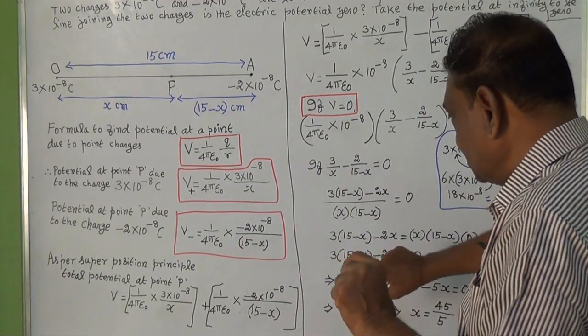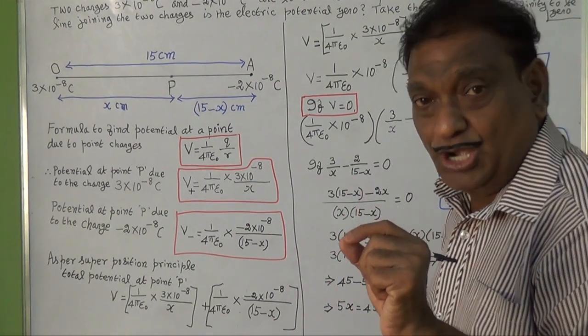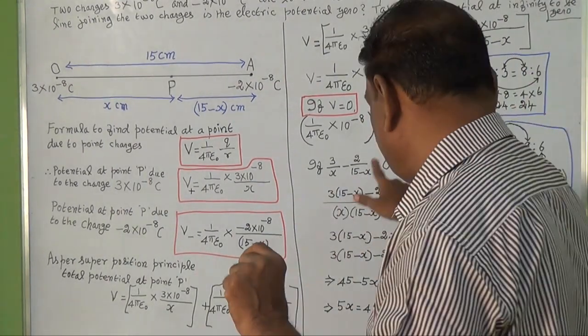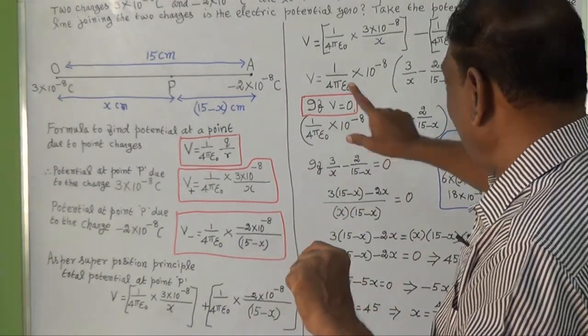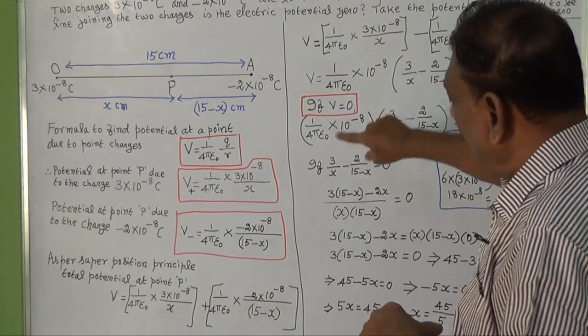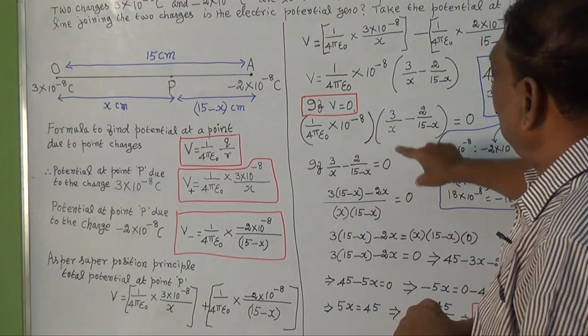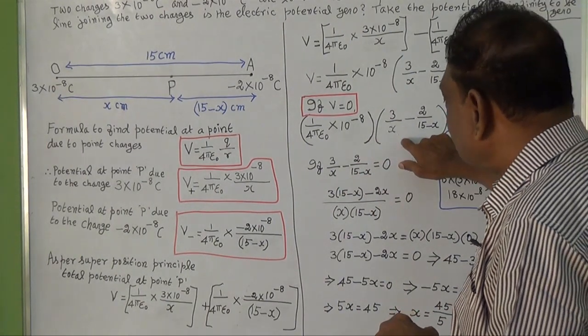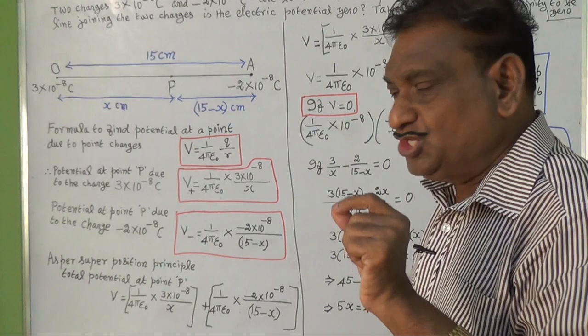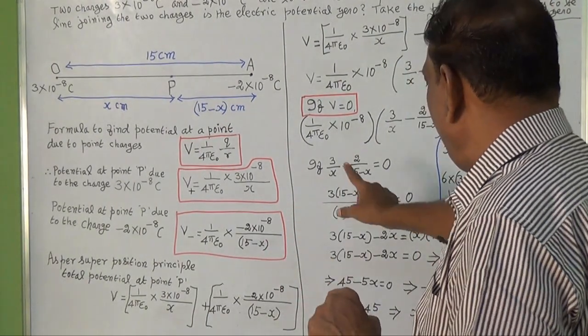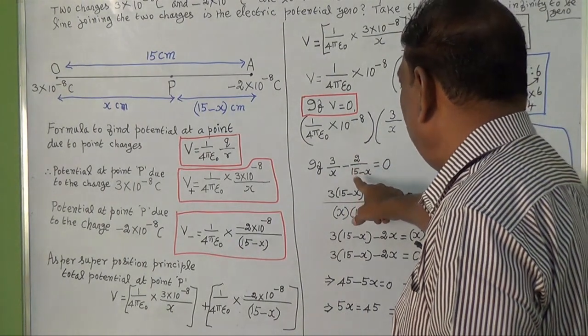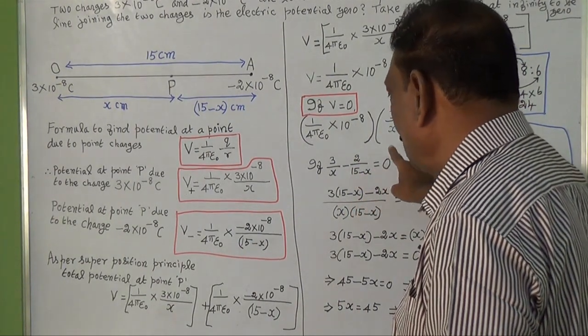The reason is, our purpose is to find the distance x. The distance x is placed in the second factor, so we are going to substitute 0 to this second factor. For this purpose, we are writing 3 by x minus 2 by 15 minus x equal to 0.